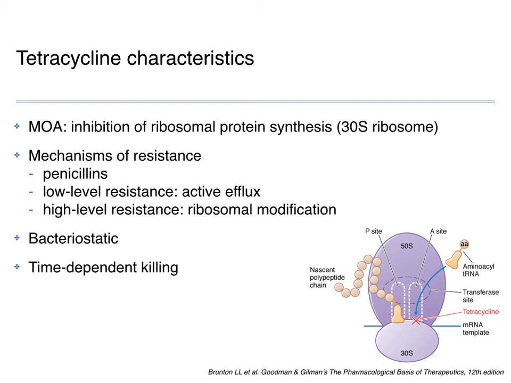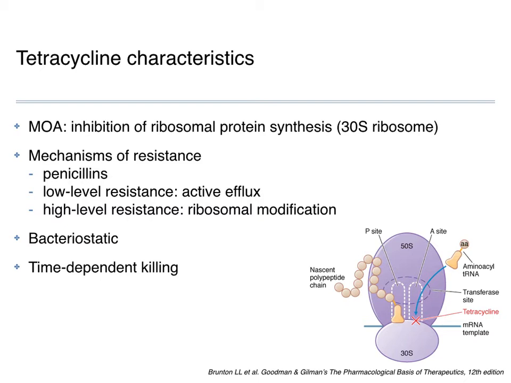So how do these drugs work? Again, another class of drugs that inhibits protein synthesis, working at the ribosomal level, back to the 30S ribosome. Mechanisms of resistance. That first line, penicillins, I don't know how that got in there. Penicillins are not a mechanism of resistance in tetracycline, so just cross that out. I think I was copying and pasting from another slide. But you see your two other mechanisms of resistance, very similar to the macrolides.